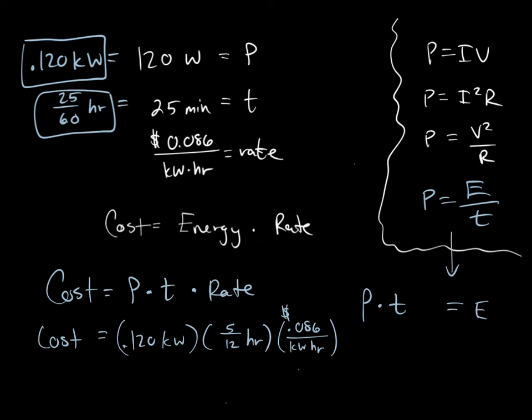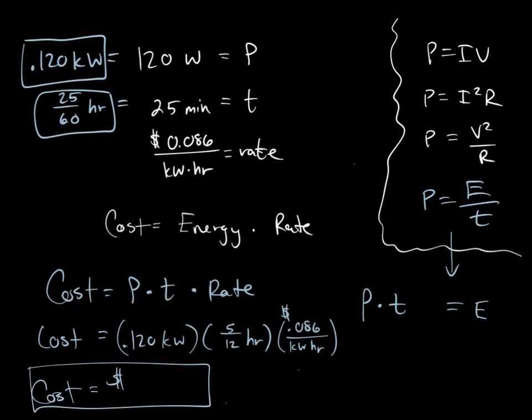You're trying to cancel all the units, so you get dollars. Exactly. Cost is in dollars or cents, right? Some monetary unit. Kilowatt times hour cancels with the denominator of kilowatt hour. So we can see here clearly that these two units cancel with these two units right here, leaving dollars behind.